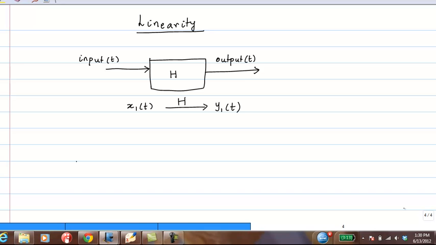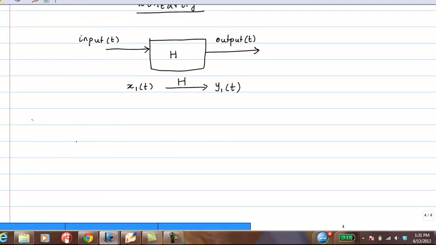Particularly when the input is x1 of t, let's say the output from the system is y1 of t. We say that a system is linear if it satisfies two properties. The first one is what is known as the additivity or superposition property.